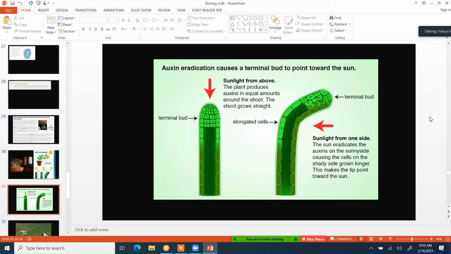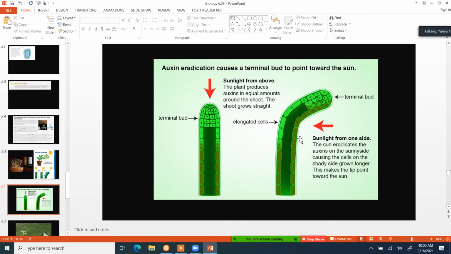So how does that happen? It involves a hormone called auxin, A-U-X-I-N. Normally, the shoot is growing up, and there's auxin being produced on both sides. Now, when sunlight hits one side, it causes auxin to stop on that side.